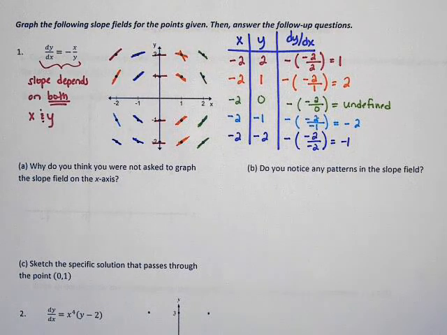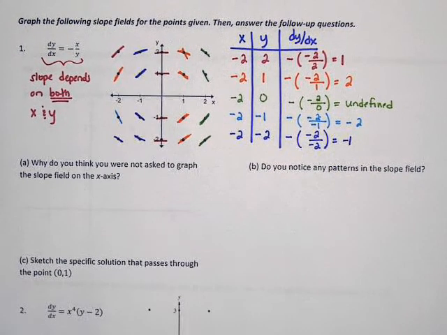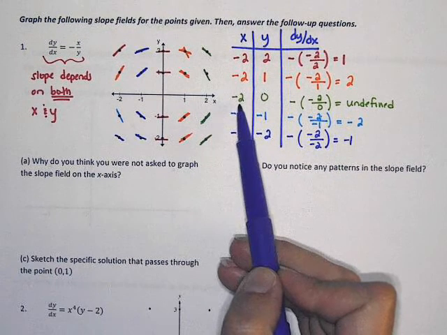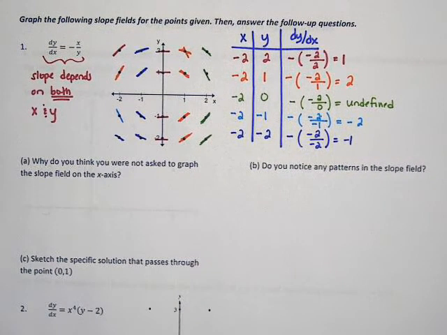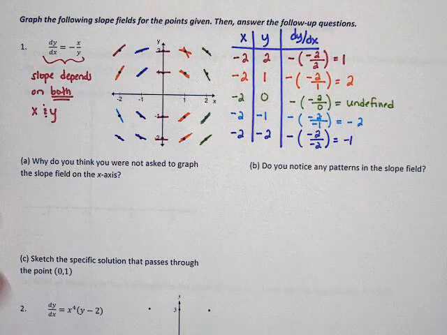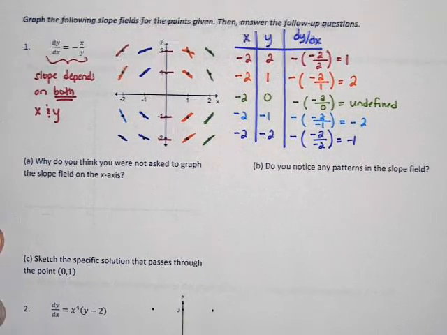Now for part A here, why do you think you were not asked to graph the slope field on the x-axis? Well, let's look at what happened when we tried to pick a point that's on the x-axis. When we tried to pick the point -2, 0, what we noticed was that our slope ended up being undefined. So we were not asked to graph the points there, because how do you graph an undefined slope?